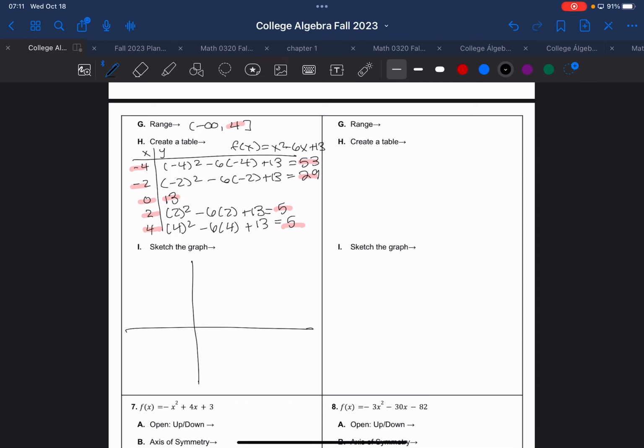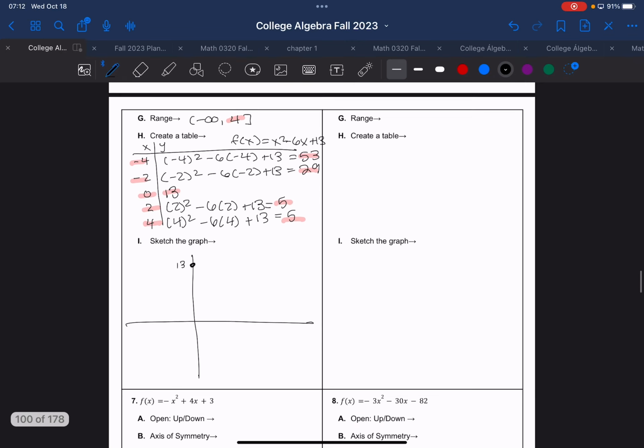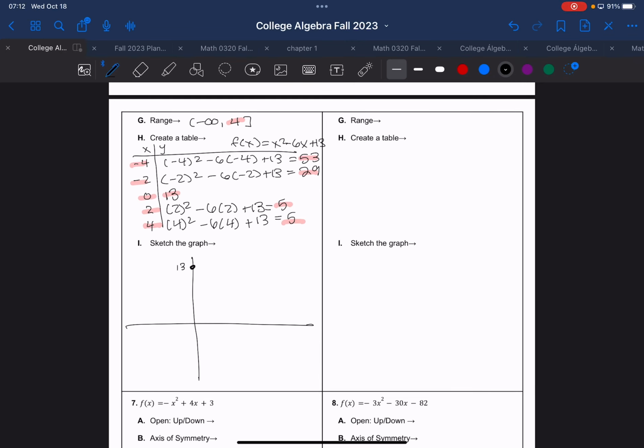Okay, so I'm going to plot my y-intercept, which was at (0, 13), so I'm going to assume it's up here. And then I'm going to plot my vertex. What was my vertex for this problem? 3, 4. So I'm going to say about right here.